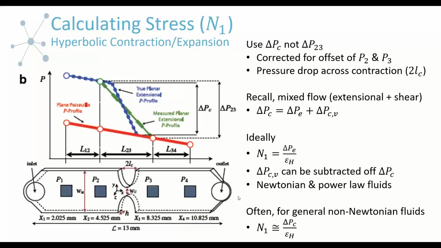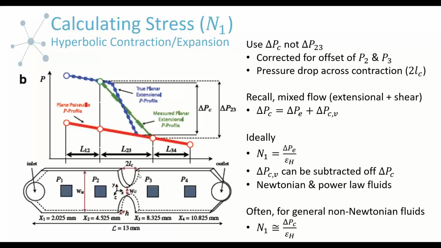Again, we have the flow channel here, and above this we have pressure as a function of position along the flow channel. And just as a reference for anyone who's familiar with our uniform channel geometry and how we use that to work with steady shear properties, if this constriction were not present, we'd just have a nice, simple, linear relationship of the pressure as we move along the flow channel.